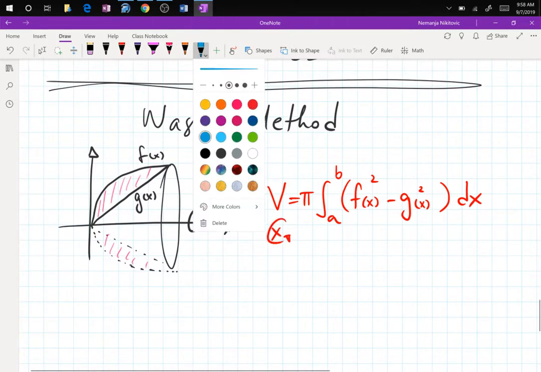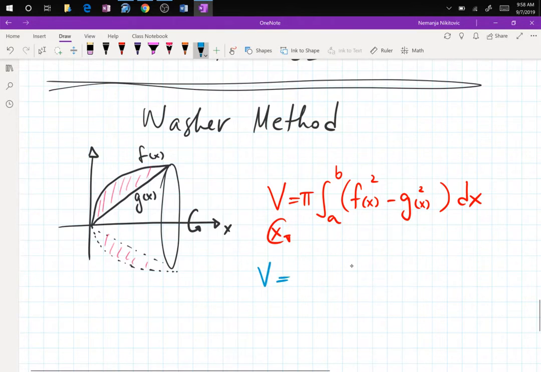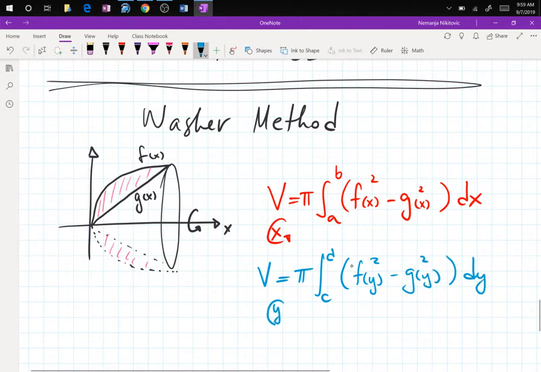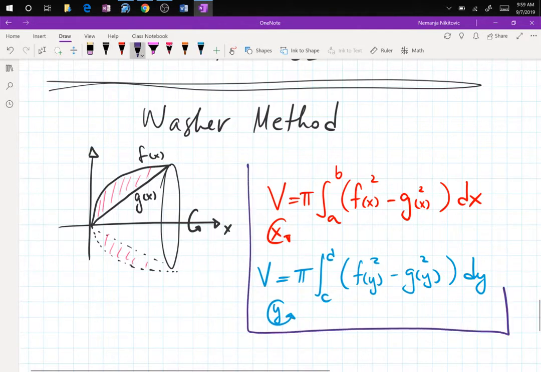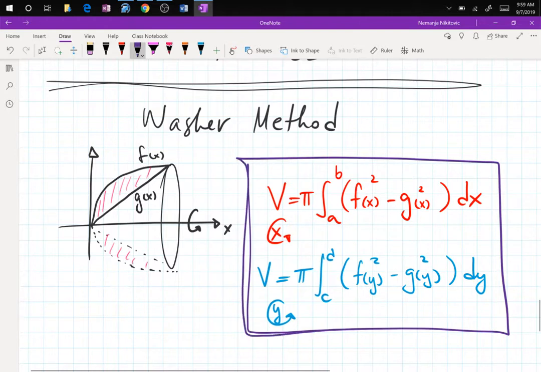It's blue, compadre. V equals pi integral c to d for y limits, and then you have parenthesis f of y squared minus g of y squared dy for the y rotation. And that is known as the washer method.